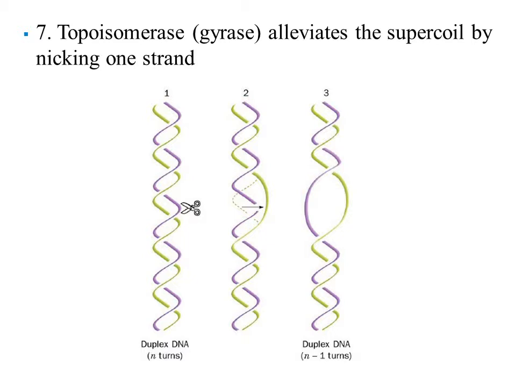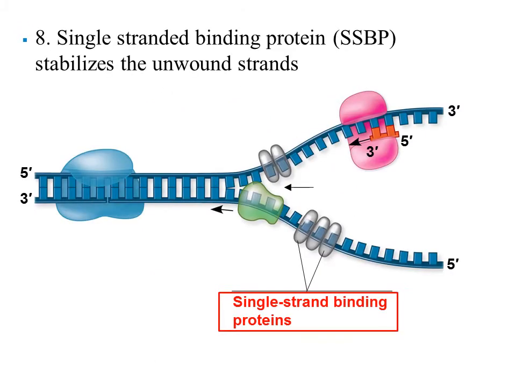Topoisomerase, which is also called gyrase, will alleviate the supercoiling by nicking one of the strands, and you will unravel the knots. Single-stranded binding protein will stabilize the unwound strands. This holds the fork open.